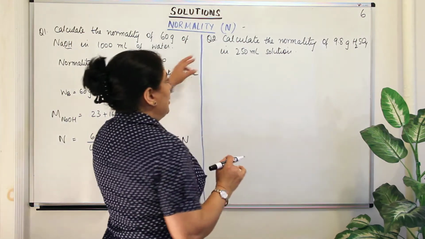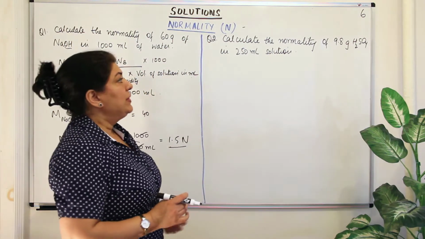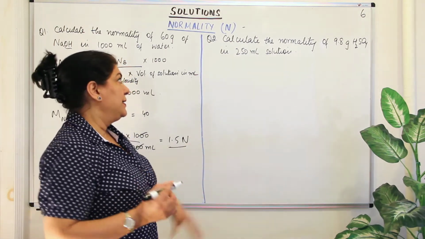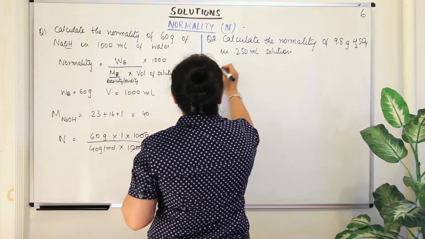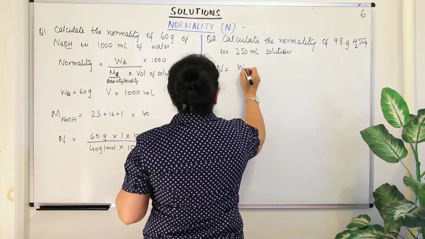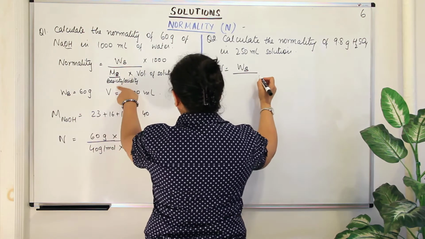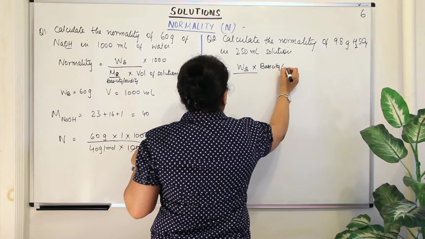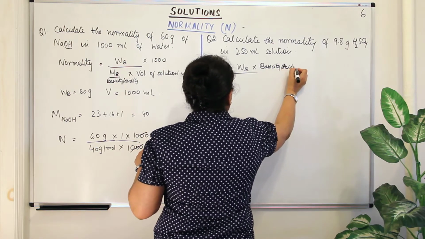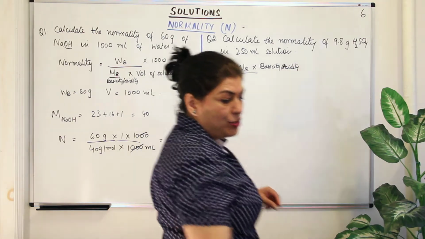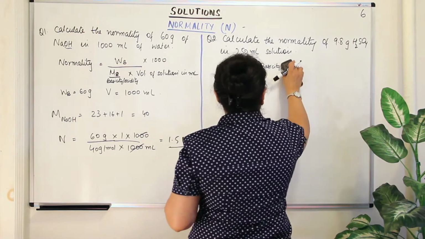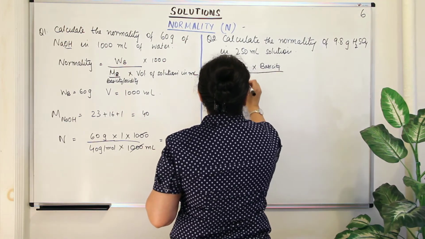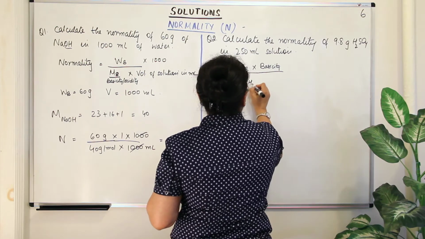The next question is, you have to calculate the normality of 9.8 grams of H2SO4 in 250 milliliter solution. Again, it's similar. The equation, you have to write normality is equal to the mass, this time I'll simplify this further, into basicity or acidity of the base, and in this case, since it is H2SO4, it would be the basicity of the acid, so let us not write the other values, into basicity upon the molar mass of solute, that is H2SO4.